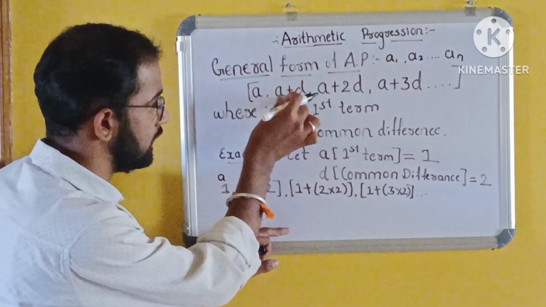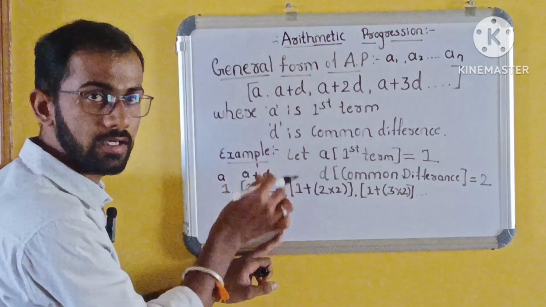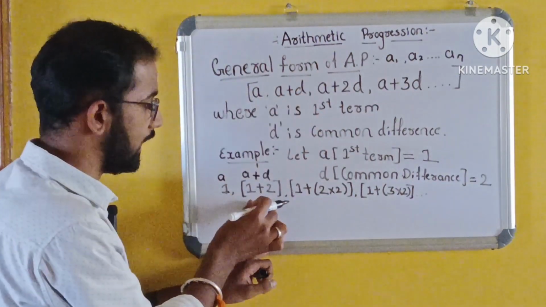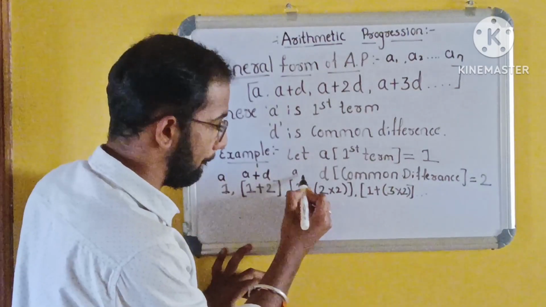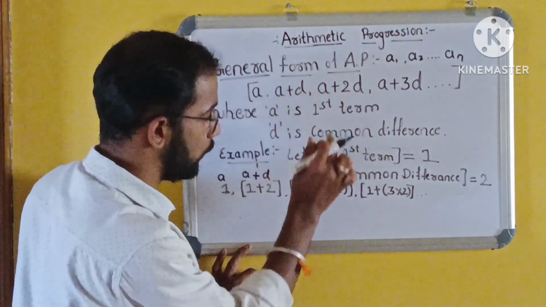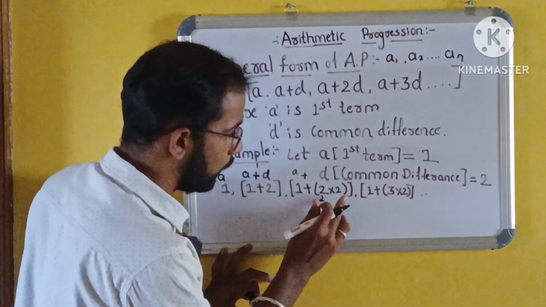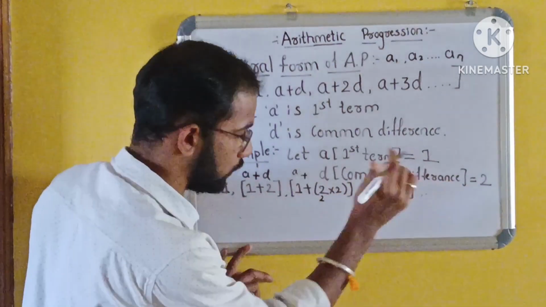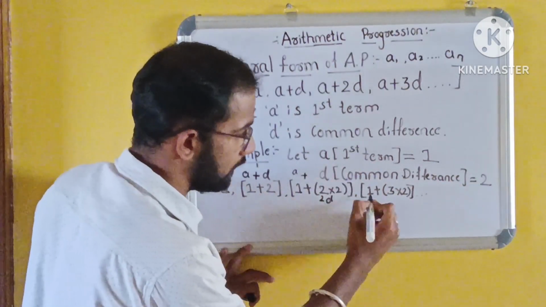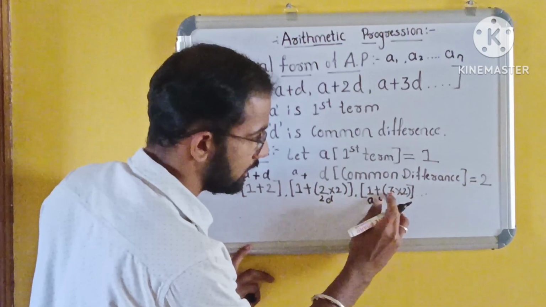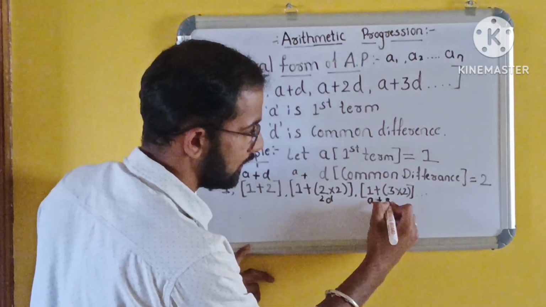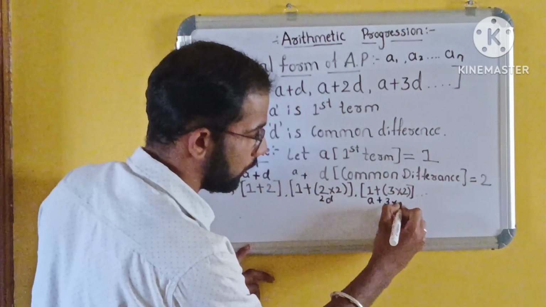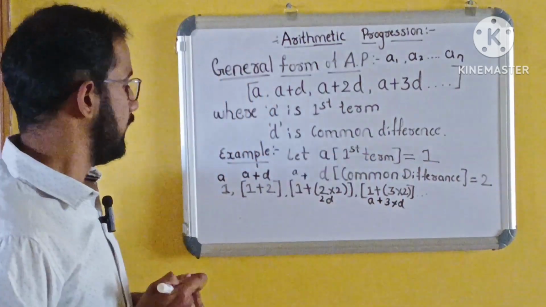So see here, a plus d, a plus d. Now here 1 plus 2 is 3. What is the common difference here? 2. It is d. a plus 3 times 2, where 2 is the common difference d.